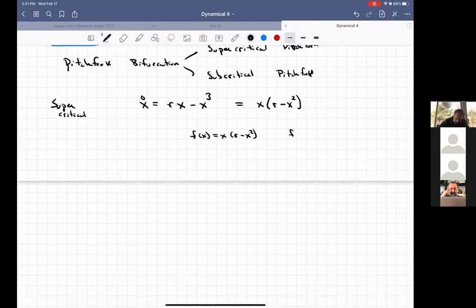So the fixed points are at x equals 0 and r minus x squared is equal to 0, or x squared is equal to r, or x is equal to plus or minus the square root of r.